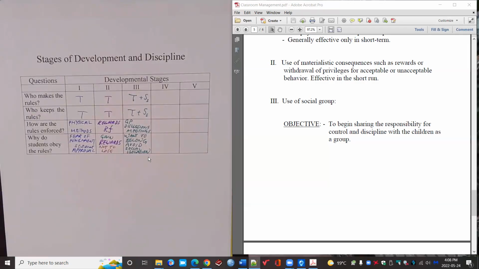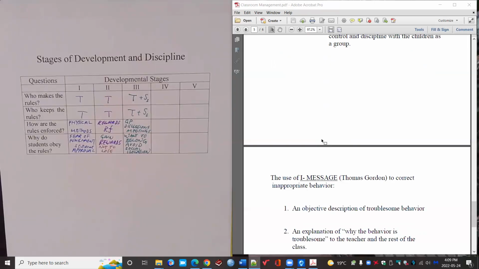Now, whenever we are using group pressure, the teacher actually can use the class group to squelch any kind of individuality. Is that right? So that's not a good point, right?